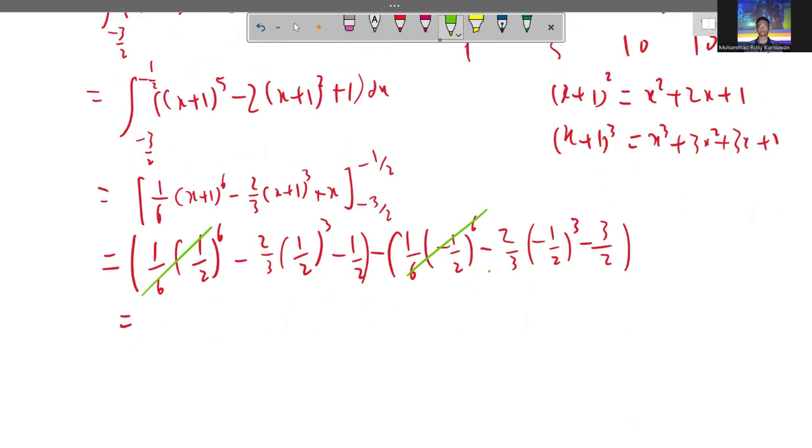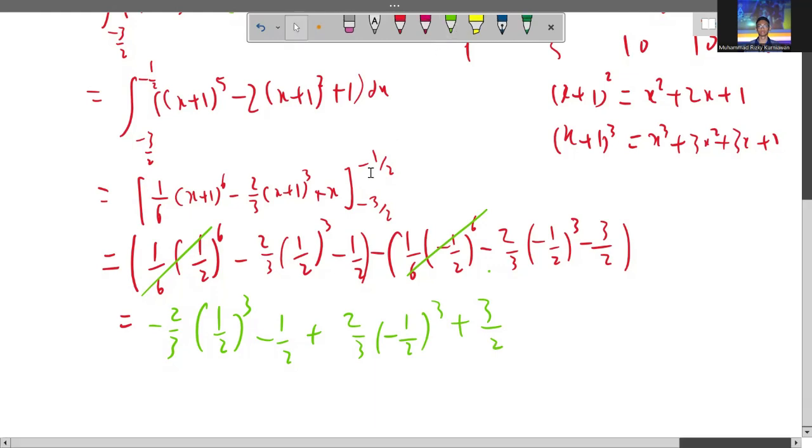So we have 2/3 times 1/2 cubed minus 1/2 plus 2/3 times negative 1/2 to the power of 3 plus 3 over 2.